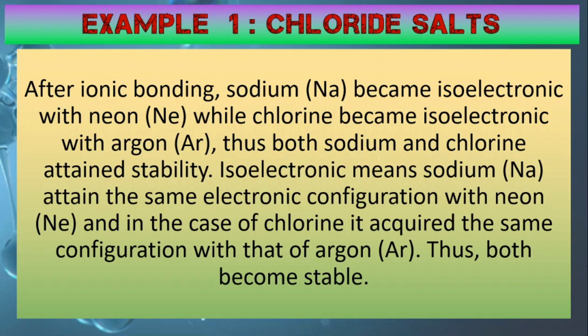After ionic bonding, the sodium becomes isoelectronic with neon, while chlorine becomes isoelectronic with argon. Thus, sodium and chlorine attain stability. Isoelectronic means sodium attains the same electronic configuration as neon. And in the case of chlorine, it acquired the same configuration as that of argon. Thus, both become stable.